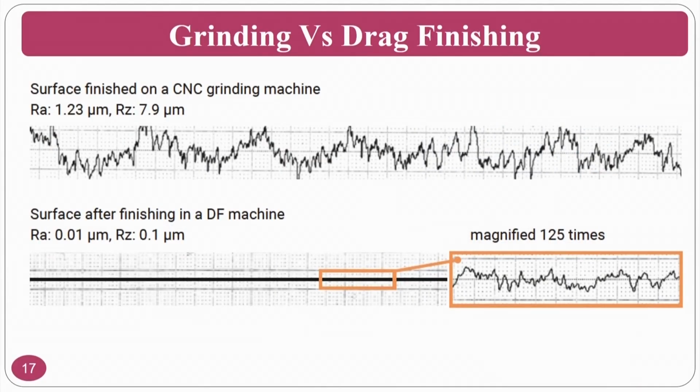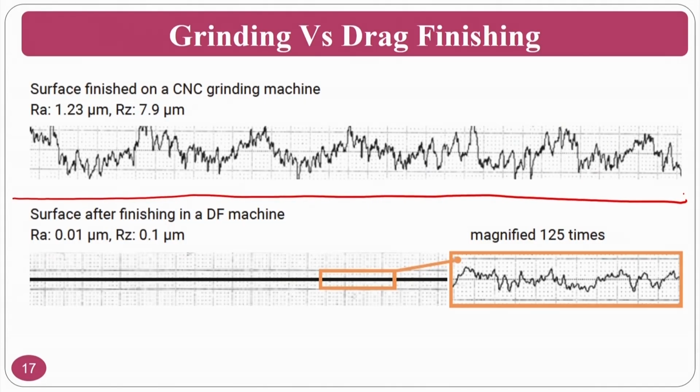If you see the surface roughness in the grinding process, this is the CNC grinding process, the average roughness value Ra is approximately 1.23 microns and Rz is 7.9 microns. That means that Ra is 1 by L, integral from 0 to L.